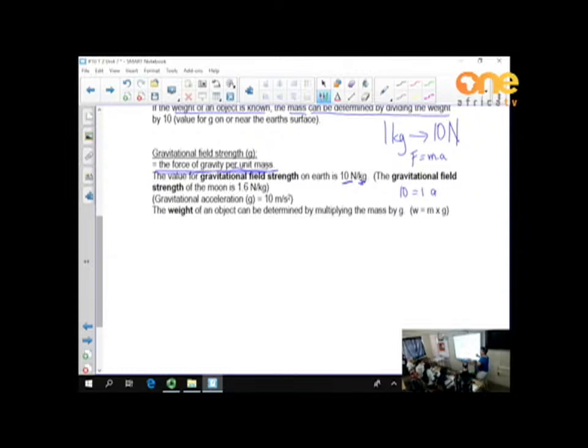On the moon, that's approximately 1.6 Newton per kilogram. Because of the force being 10 Newton per kilogram, we find that gravitational acceleration, the acceleration caused by this force, is equal to 10 meters per second squared. And any object falling close to the Earth will fall at a rate of 10 meters per second squared. All right. We can determine weight by multiplying mass by g.